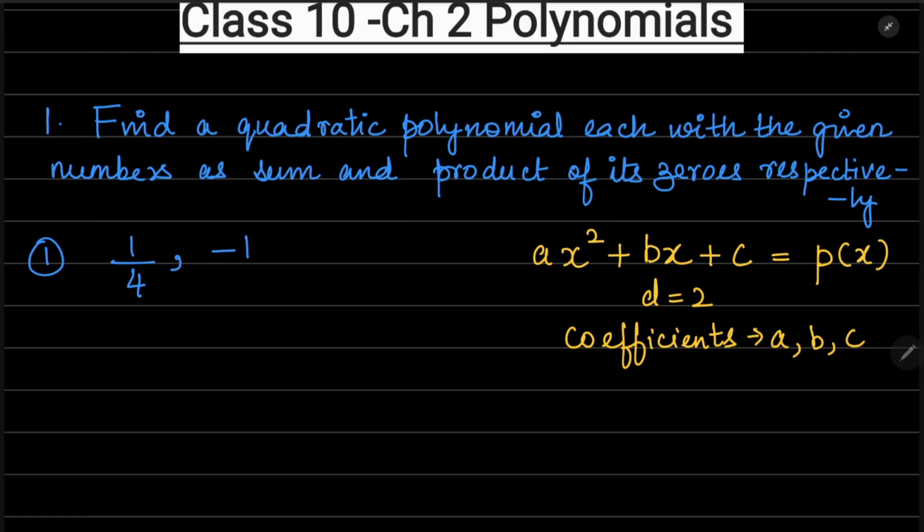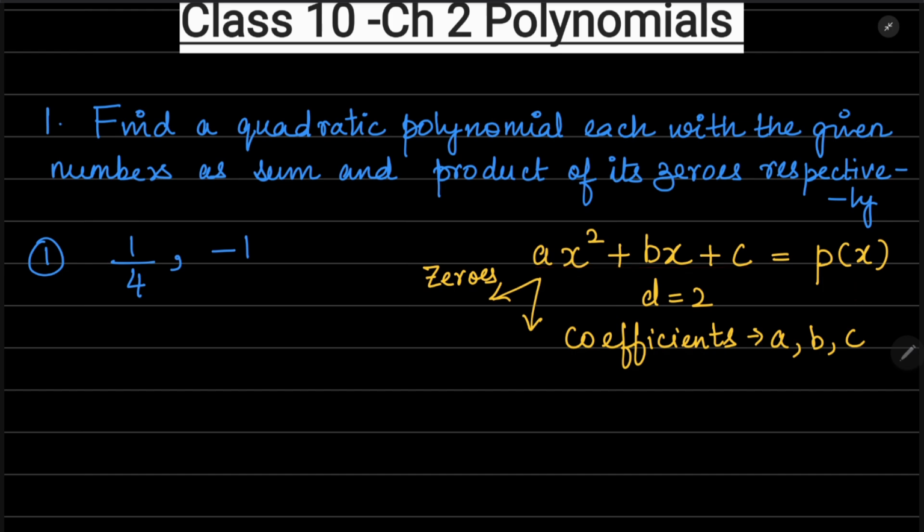Now, because the degree is 2 and because it is called a quadratic polynomial, this particular polynomial can have a maximum of 2 zeros. What do you mean by zeros? Zeros means that specific value of x which when substituted will make this entire polynomial value 0. So there can be a maximum of 2 values of x that can make this polynomial value 0.